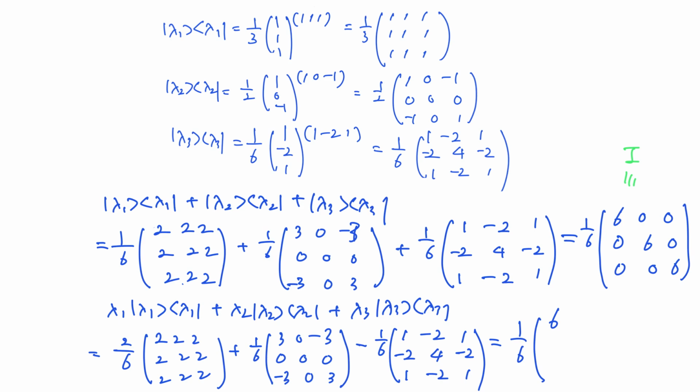How about the second? Twice 2 times 2 is 4, plus 2, right? Minus, minus, plus 2. So 6. How about the third one? 4 minus 3 minus 1 is equal to 0. So 6, 6, 0. How about the second row?